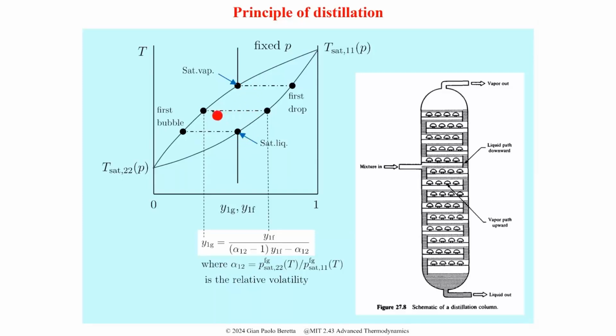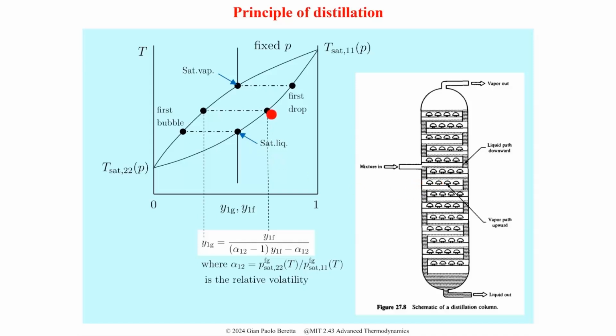Okay, so let's say we are at a temperature intermediate between the liquidus and the vapor-us, so to speak, temperature. Then you see that the two phases are one enriched in component 2 and the other enriched in component 1. So this is what happens in one stage of a distillation column.